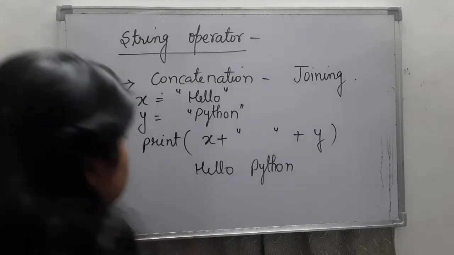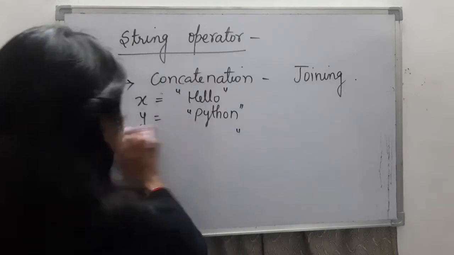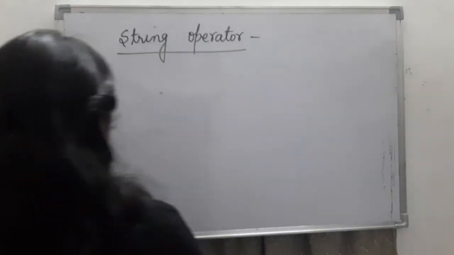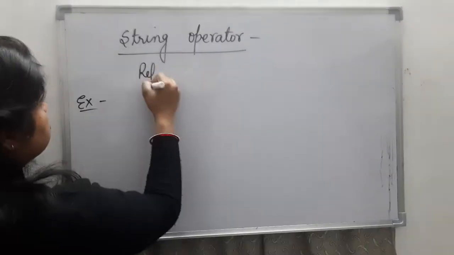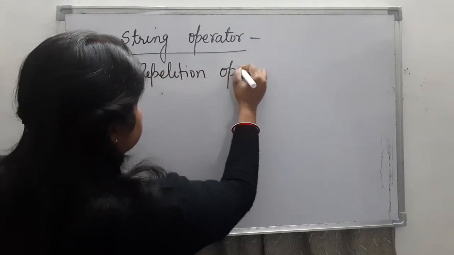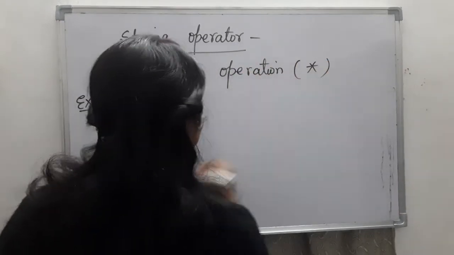Now we are going to discuss the other operator, the repetition operator, or replication operator, that is the asterisk.